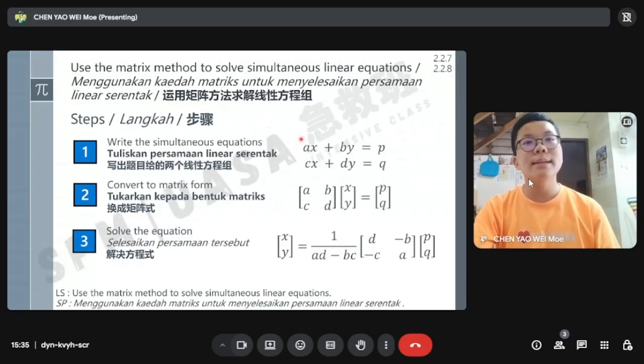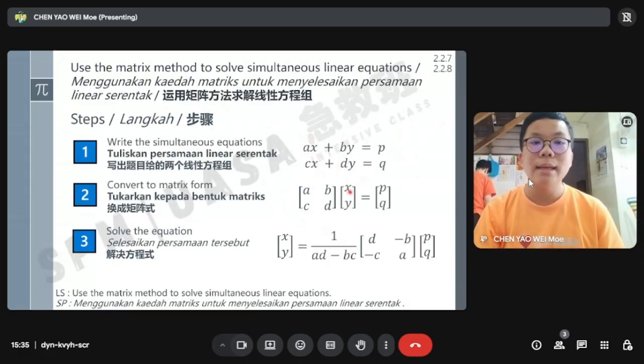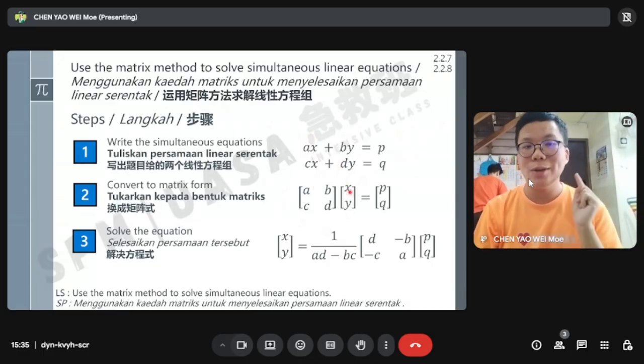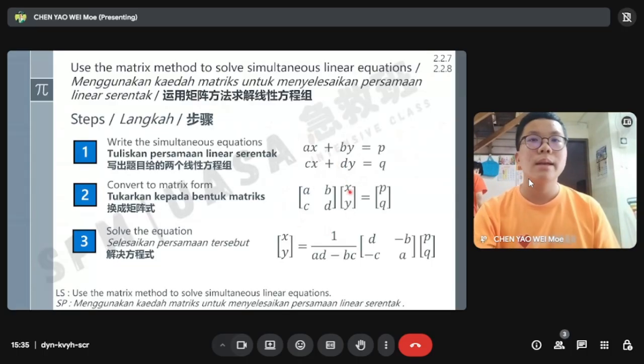The numbers are here, just stay alone. And for the variables, x here and y here, differentiate them. So here we stay alone, here also stay alone. And the first number must be in the first row, then the second. You can try to multiply it, and you will get the same answer. You can trust me. And the one behind, just put P and Q, just leave it there.